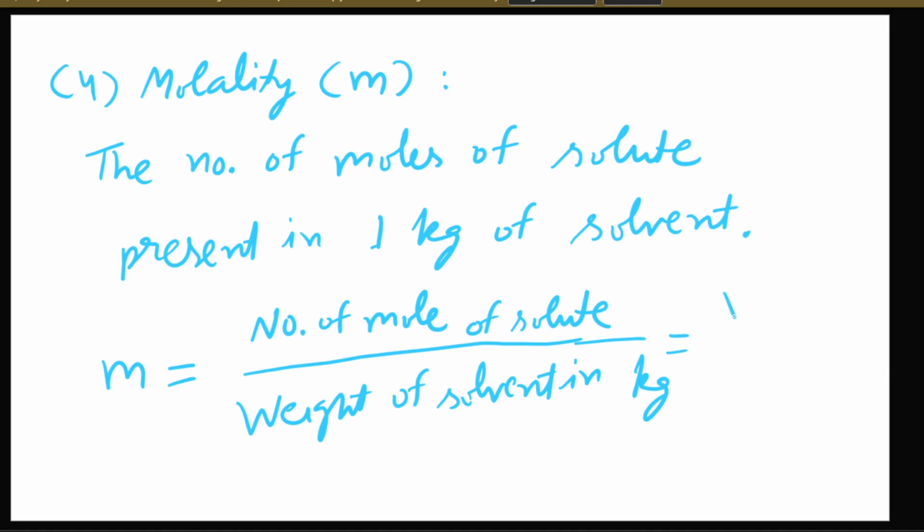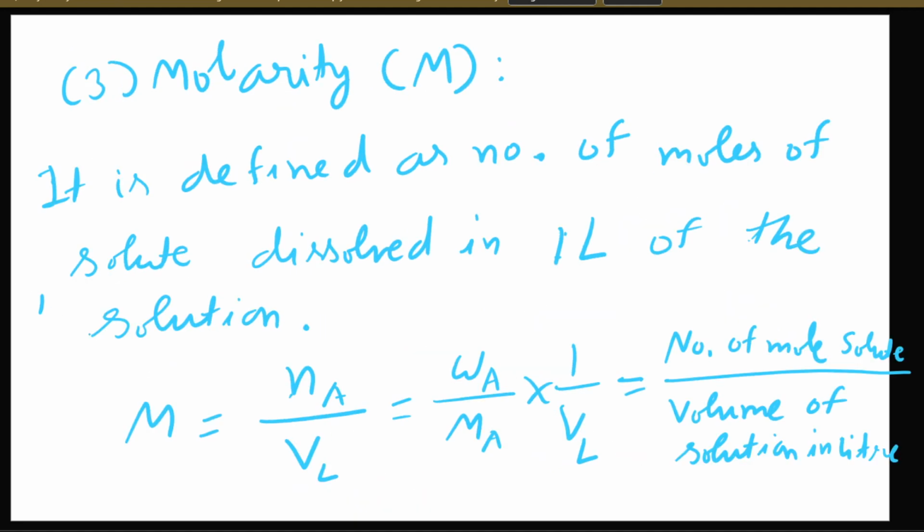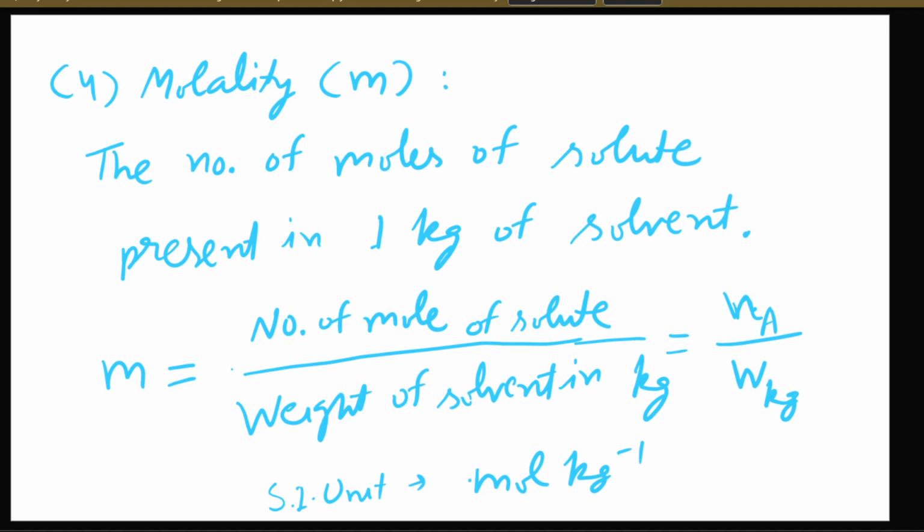So this is equal to na divided by the weight of solvent in kg, denoted by capital W. The SI unit of molality is mole per kg, while the unit of molarity is mole per liter.